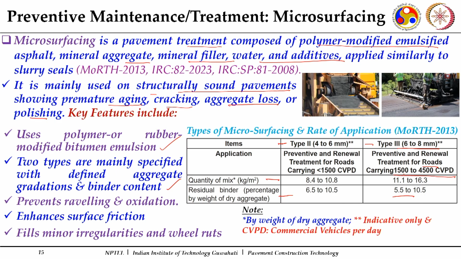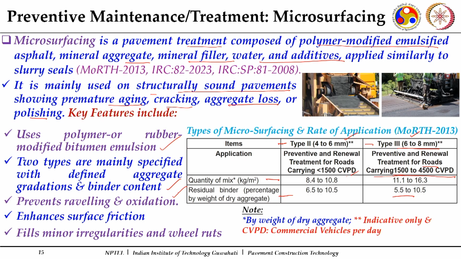For 1500 to 4500 commercial vehicles per day, this one is good enough, and the 4 to 6 mm is good enough for lower traffic. So they can cater specifically to medium and in some cases high volume traffic also.